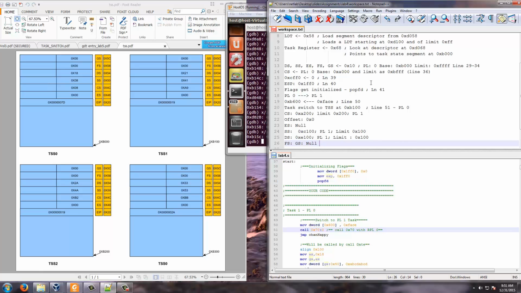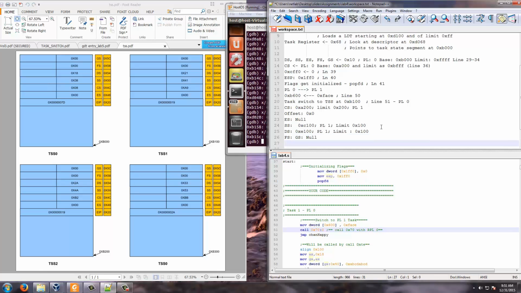And these are done by your single task switching. All these things are done by line number 51.